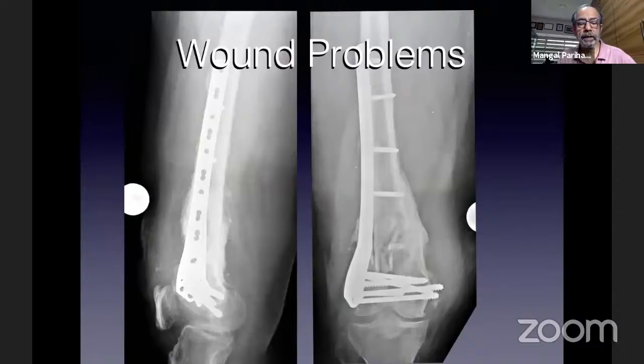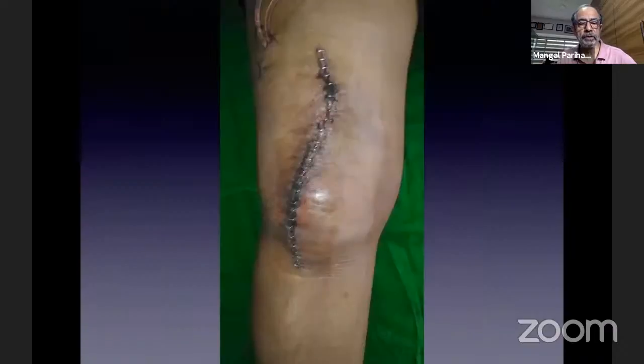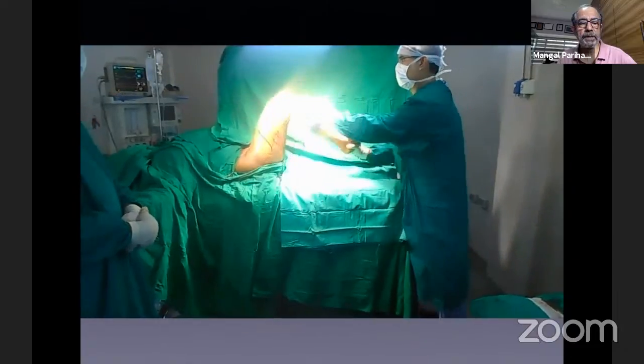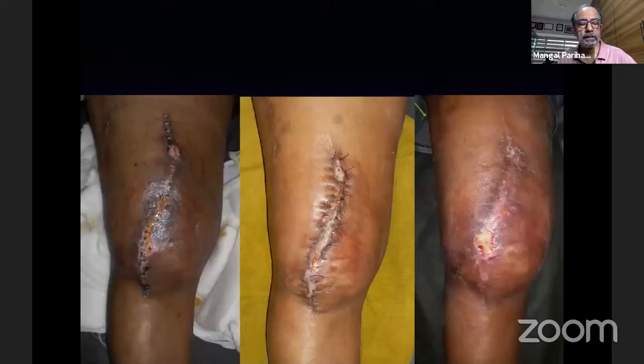Also, this guy had a lot of adhesions over here because this fracture was in the distal femur and we had to go through his original incision. So this was what we did initially. He had an effusion, some darkening of his skin. That was the amount of flexion we had got. But he had trouble from the skin edges, ultimately broke down in the center.